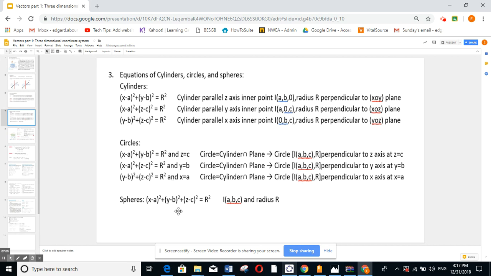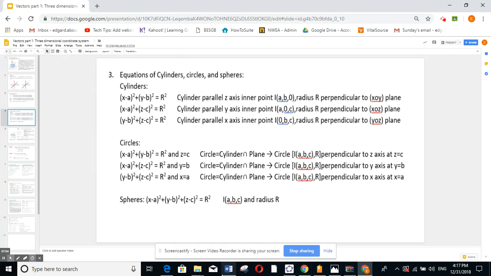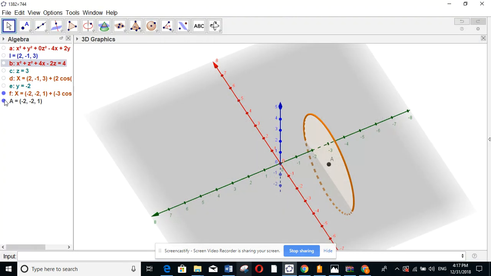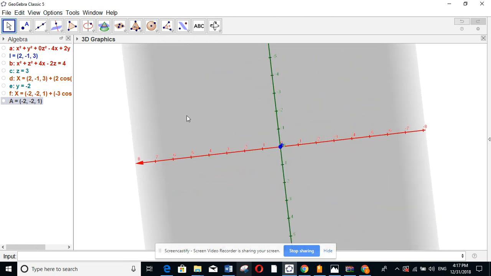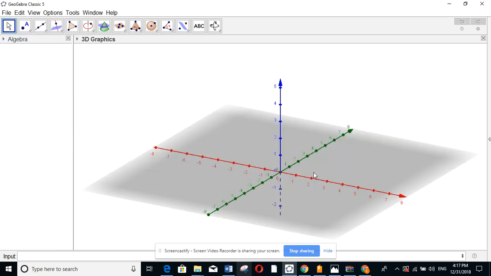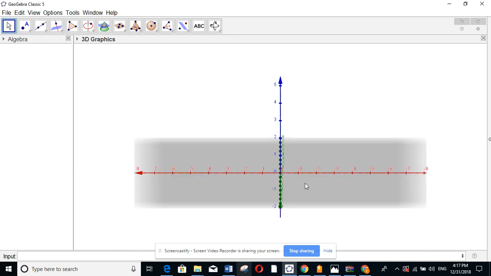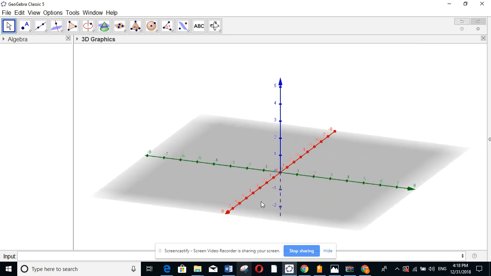An equation of a sphere, guys, to finish from that, let me go to GeoGebra. If you want to find the equation of a sphere, you have x, y, z all together.